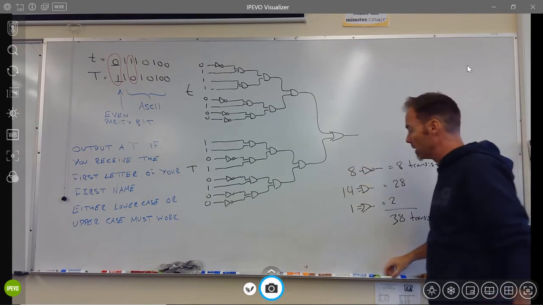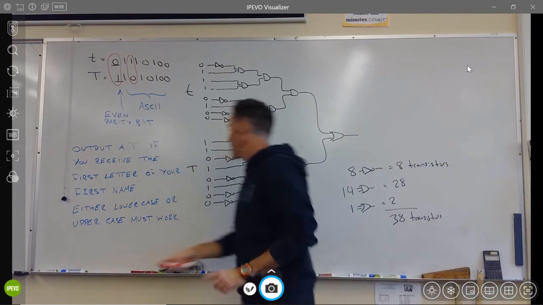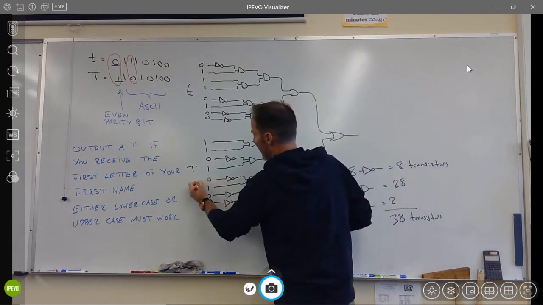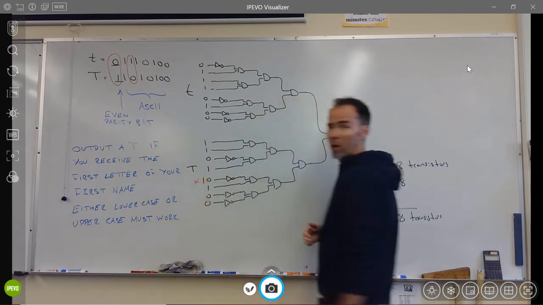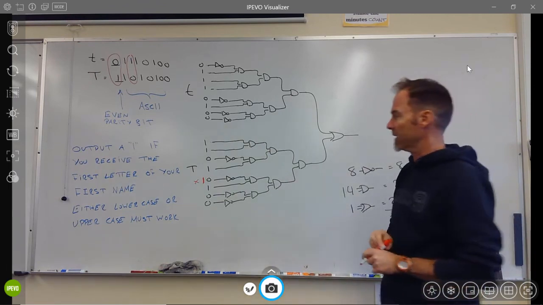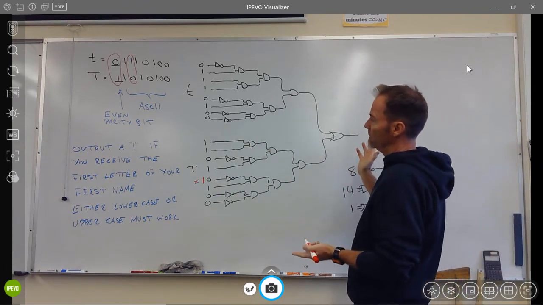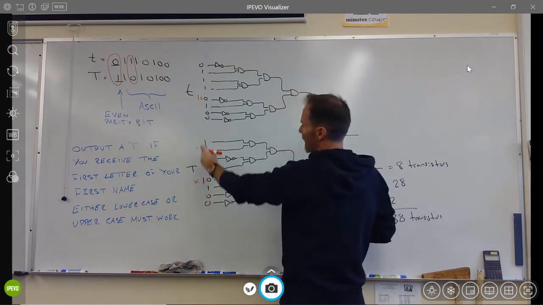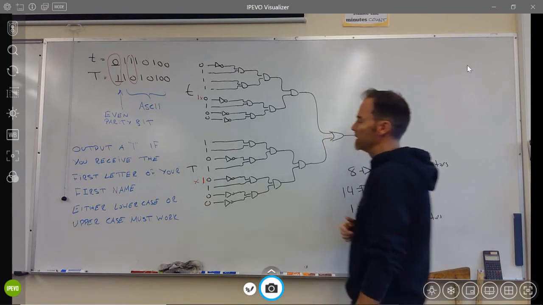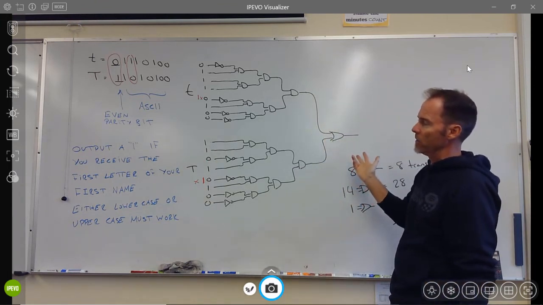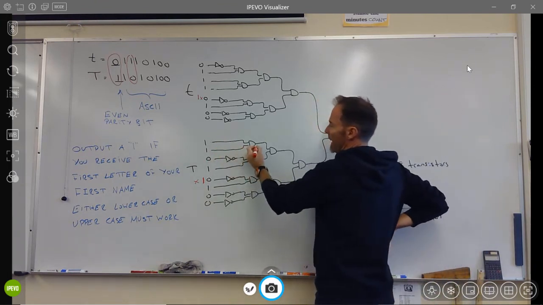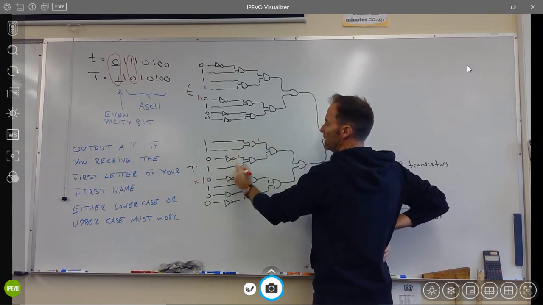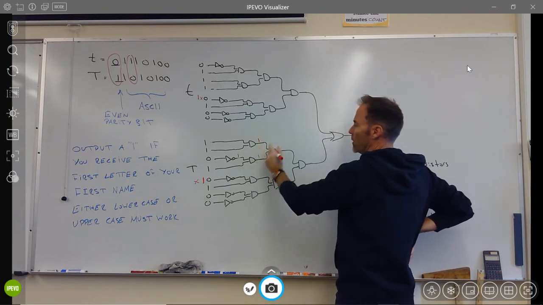And you can also see, let me show you an example. Let's say that this guy right here was a 1 instead of a 0. Let's see what the circuit would do. So my 1, 2, 3, 4, my fifth bit is a 1. What is this guy going to do? 1, 1 on an AND gate gives a 1. 0, 1 through a NOT gate becomes a 1. 1, 1 on an AND gate is a 1. 1, 1 on an AND gate is a 1.